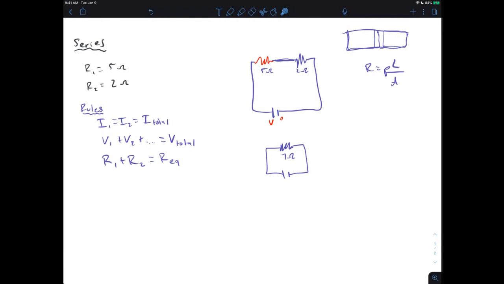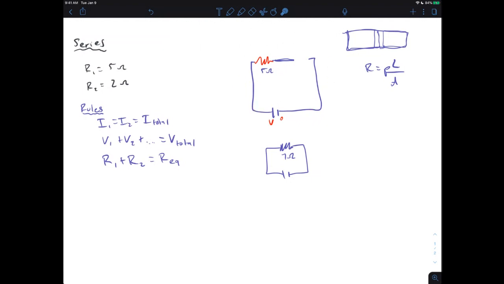So really quickly, what's one of the things we need to keep in mind when we have elements in series? If I were to remove this 2 ohm resistor, as if these were objects I'm plugging into my circuit and I switch it off, or if you think of them as light bulbs and this one broke, what happens to the current in this circuit?